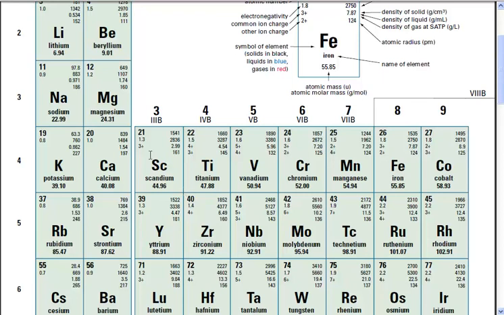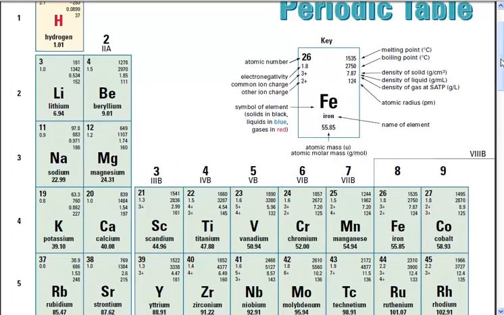This is where, if you look at the key in the periodic table, it says here that there's a common ion charge, and then there's other ion charges, and there might be a couple of other ion charges. Most often, iron will form an ion by losing 3 electrons. But sometimes it can form an ion by only losing 2 electrons.